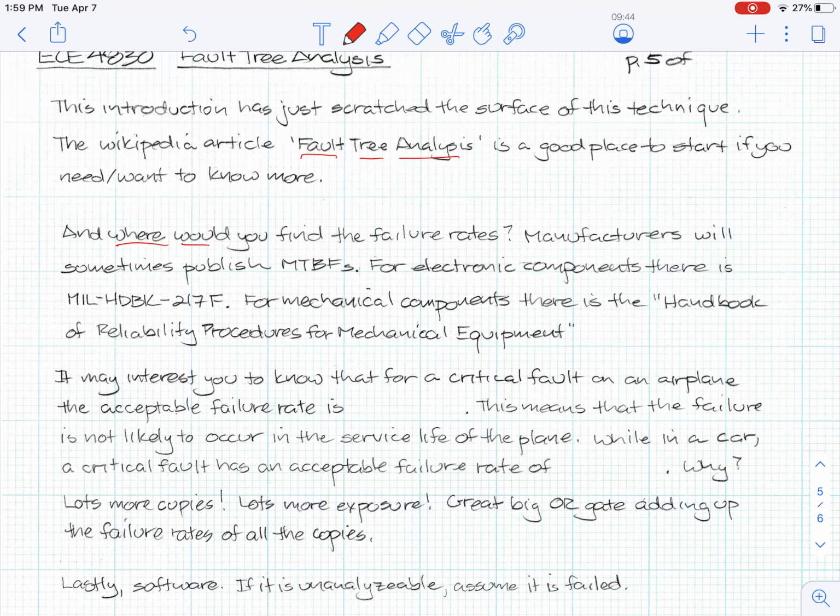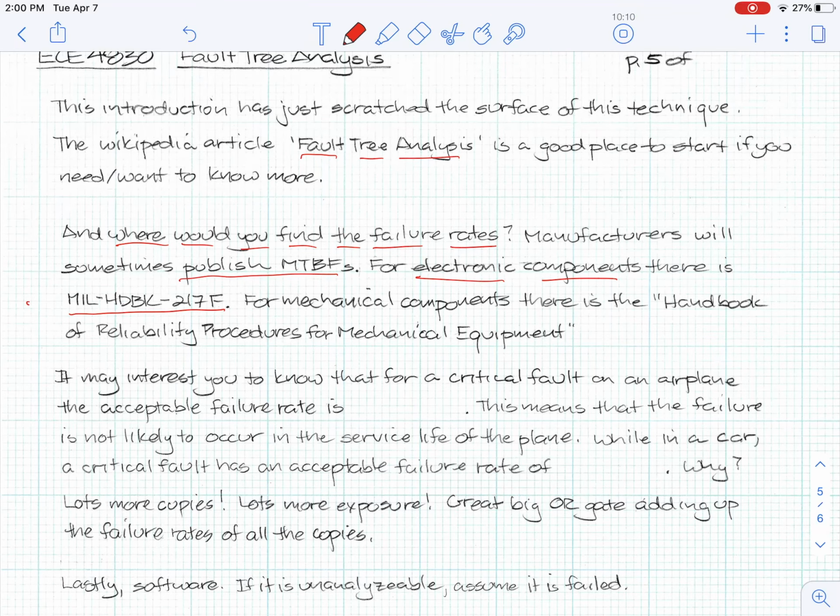And where would you find failure rates? As I said, manufacturers sometimes publish MTBFs. For electronic components, there is MIL Handbook 217F. You would be amazed. They have so many things listed in there: component failures, how they're going to fail, whether they fail out of range, or fail open, or fail short.